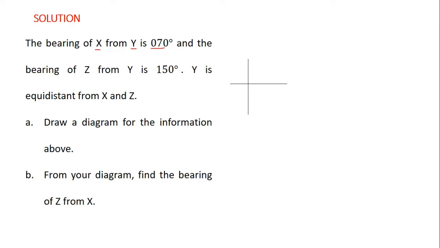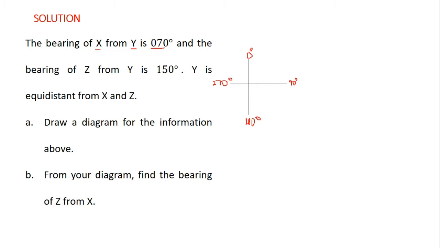We know that on our x and y plane, this side here is 0 degrees, here is 90 degrees, here is 180 degrees, and here is 270 degrees.